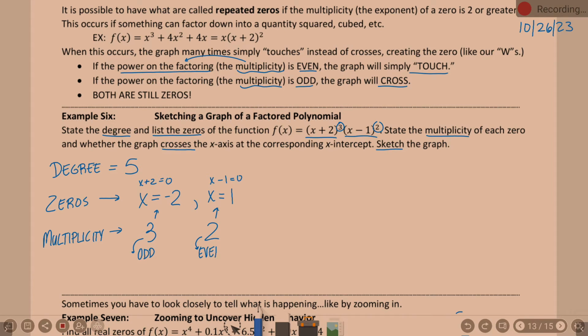And again, I'm not asking about the zero, I'm asking about the multiplicity, yes? So when the multiplicity is odd, the graph will cross the x-axis. So when I go to graph this in a little bit, my graph is going to cross the x-axis at -2. Now the multiplicity is 3, but we're going to cross the x-axis. So I'm writing crosses at x equals -2.